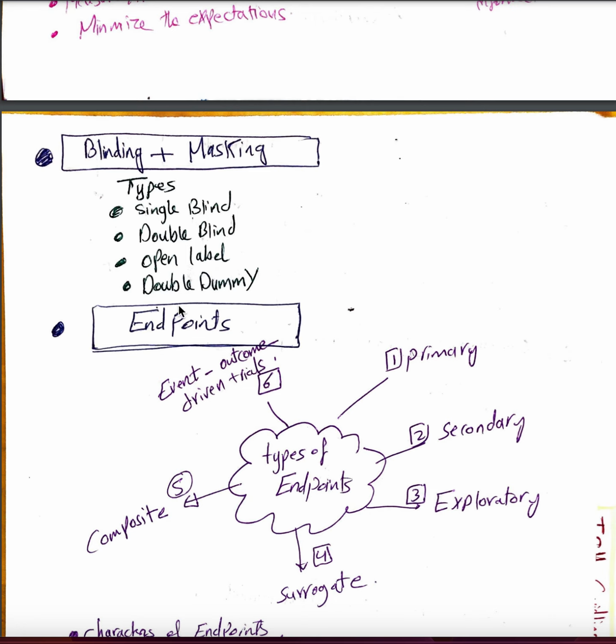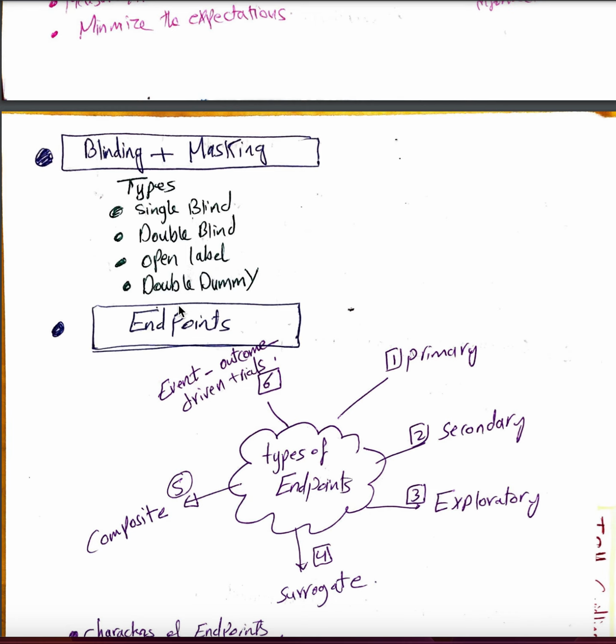About the double dummy, for example, we give groups the active ingredient in a capsule and the inactive one in a tablet, and then we exchange that for the other groups. That's what we call a double dummy.